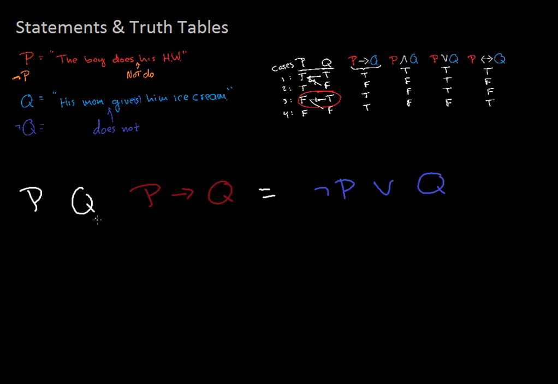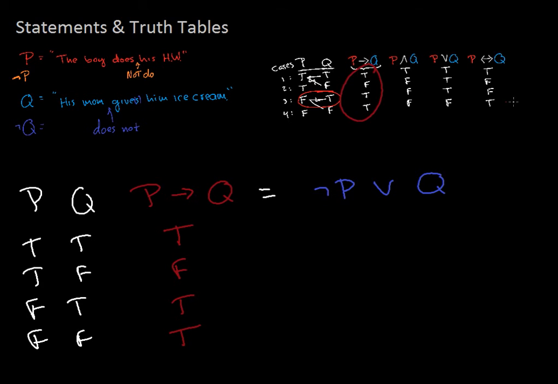P, Q, so this is true, true, false, false, true, false, true, false. P implies Q is true, false, true, true. We just took that right from there. And now, not P is the opposite of this, so it's false, false, true, true.